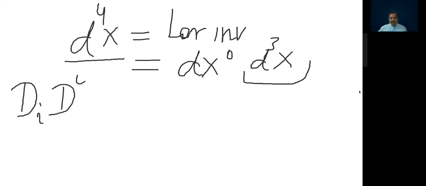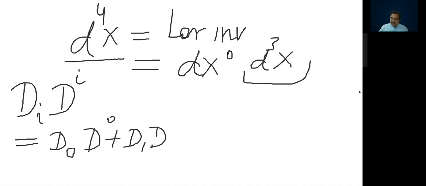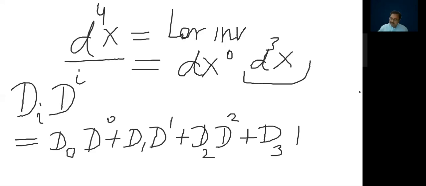So any scalar quantity can be written as di and di. So you write here di. And what is it? If you open it, you find that this is d0 and d0, plus d1 and d1, plus d2 and d2, and d3 and d3.